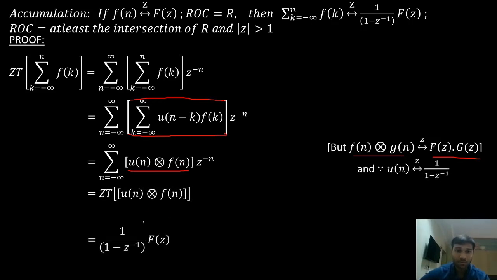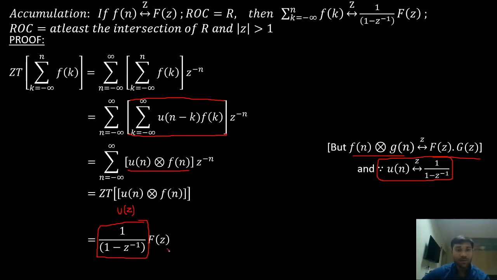The z transform of u of n is 1 by 1 minus z inverse. That we'll see when we calculate the z transform for standard functions in the coming slides. So the z transform of u of n, that is U of z, is multiplied with F of z.